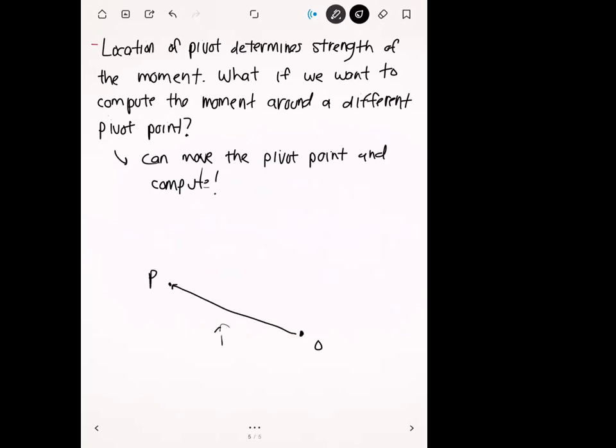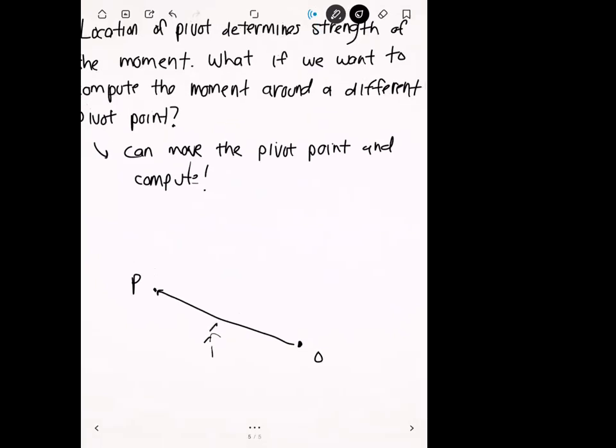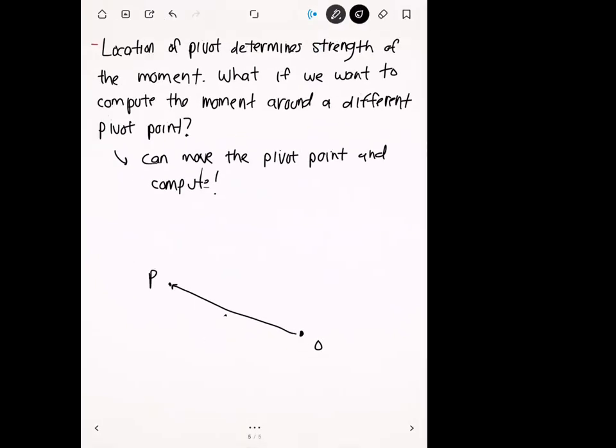And let's say that we have a force that goes like this, and a normal vector n right here.